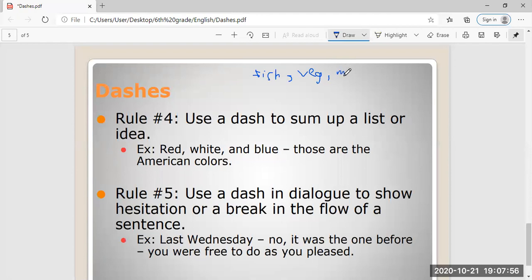You can put "and" instead of the second comma. Then after meat we put what, a comma or a dash? Great, a dash. Fish, vegetables, and meat, dash, are my grocery shopping.